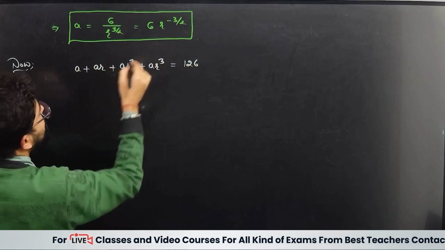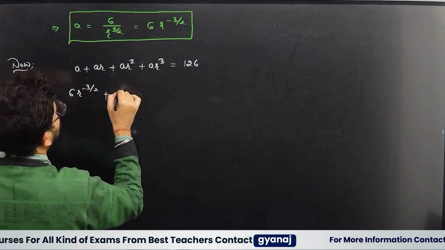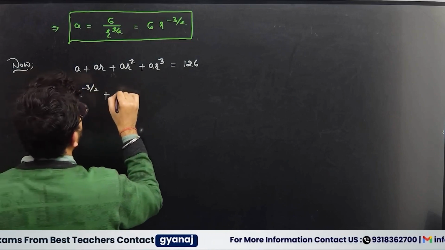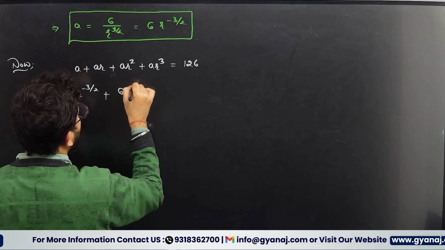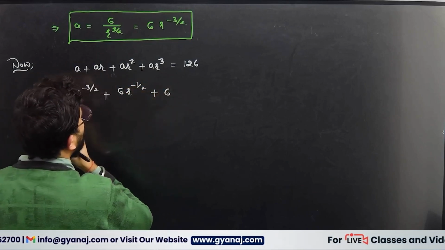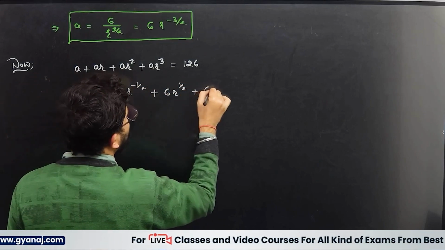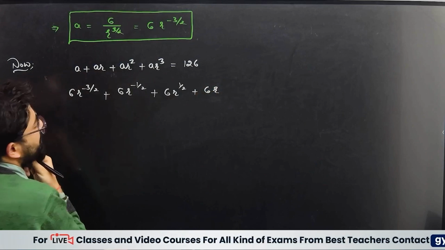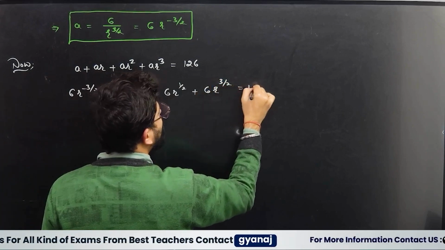So when we put it, we get 6 into R power minus 3 by 2, plus 6 into R power minus 3 by 2 into R, that is R power minus 1 by 2, plus 6 R power minus 3 by 2 into R square, that is R power 1 by 2, plus 6 into R power minus 3 by 2 plus 3, that is R power 3 by 2, and this is 126.